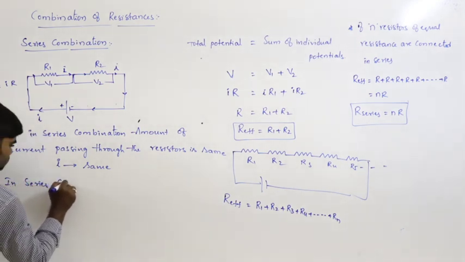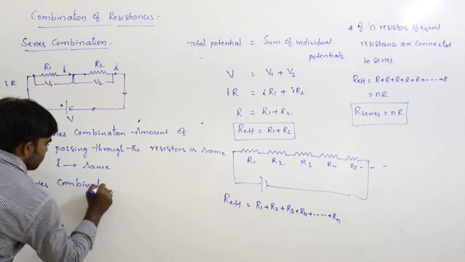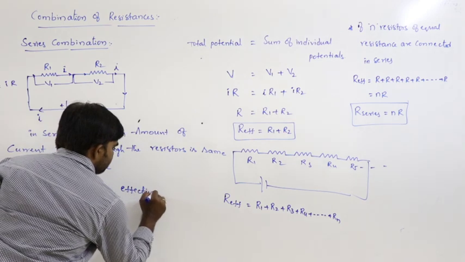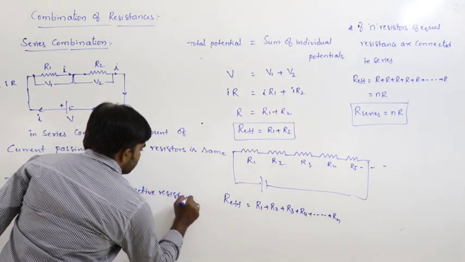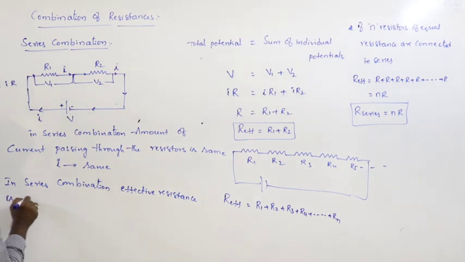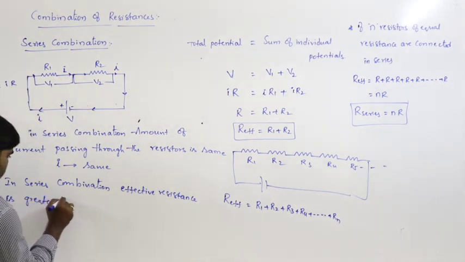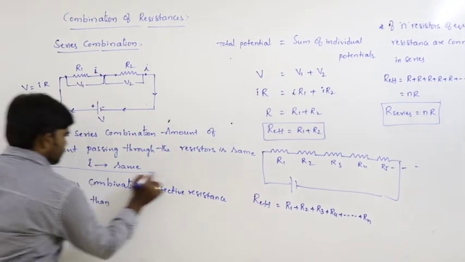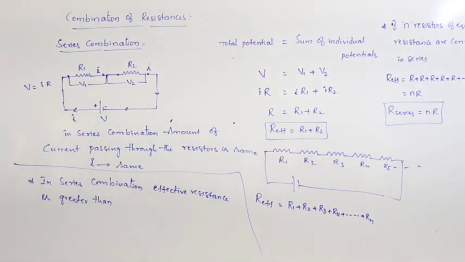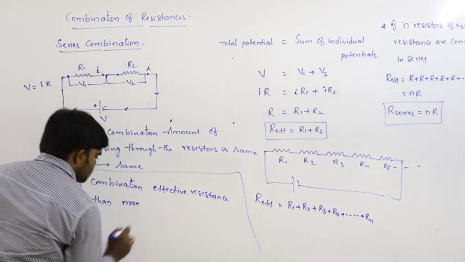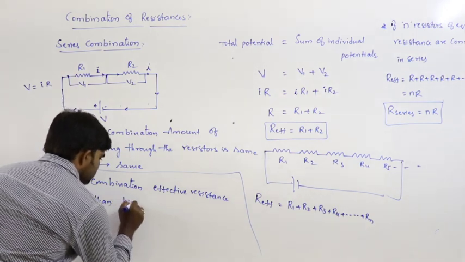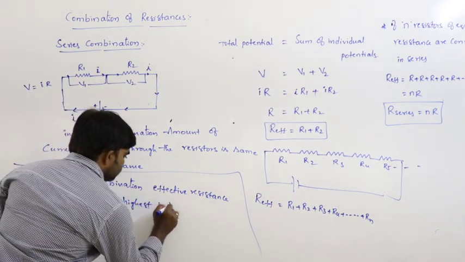In series combination, this is an important point, the effective resistance is greater than the maximum resistance, or the effective resistance is greater than the highest individual resistance.